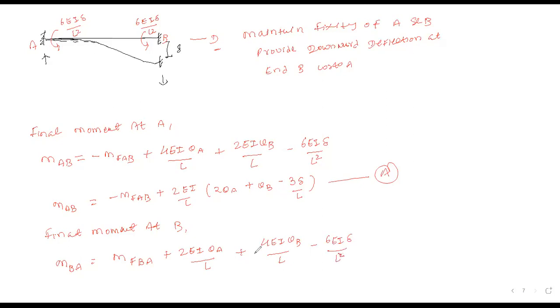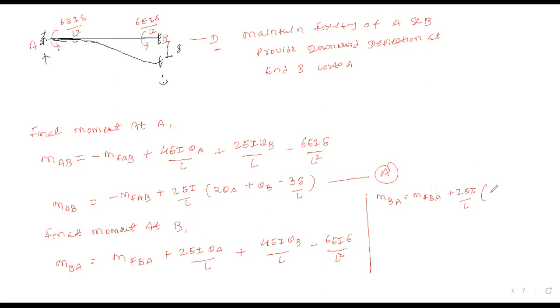Please confirm me, students. Same procedure, we will take 2EI by L common out. MBA equals MFBA plus 2EI by L common. What do we have?